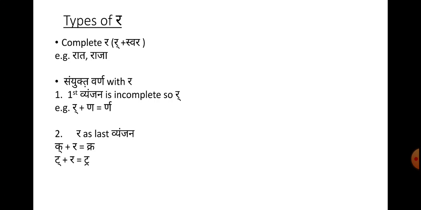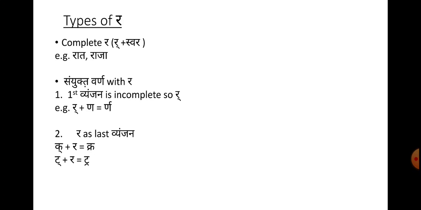So it is simple complete R, right? The second type of R, or the other types of R, are Sanyukta Varna. We know from our last video Sanyukta Varna means Vyanjan mixed with another Vyanjan, right?